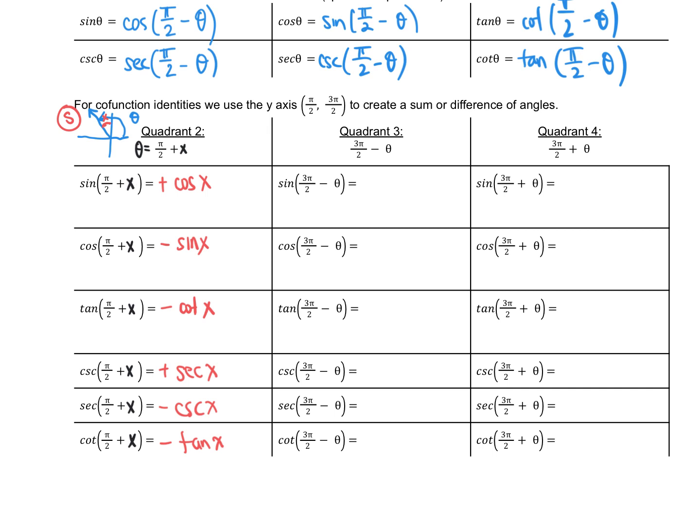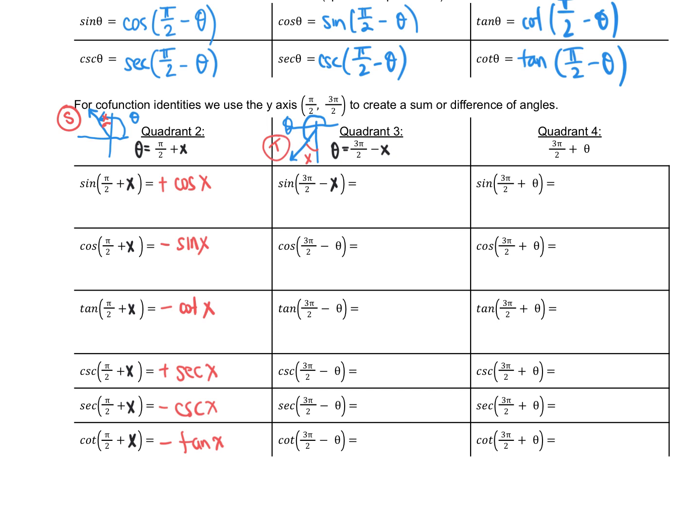So now in quadrant 3, if our terminal arm is in quadrant 3, this entire angle is theta, but x is glued to the y-axis, and that y-axis in quadrant 3 is at 3 pi over 2. So our theta is that entire 3 pi over 2 minus that little x section. And we are now in tan's quadrant.